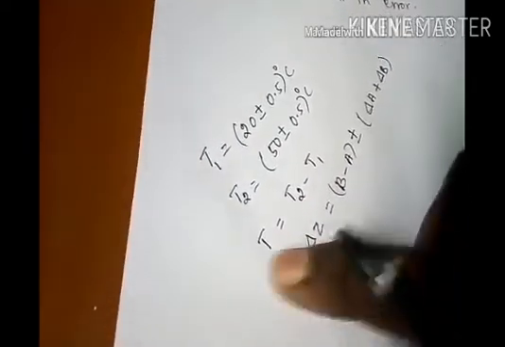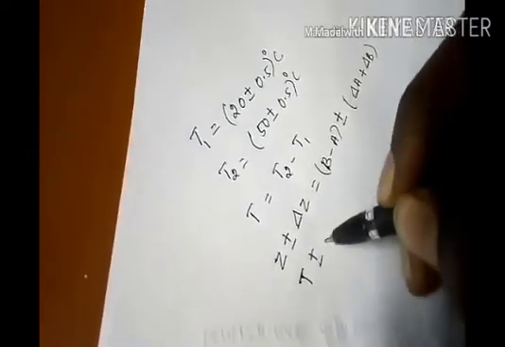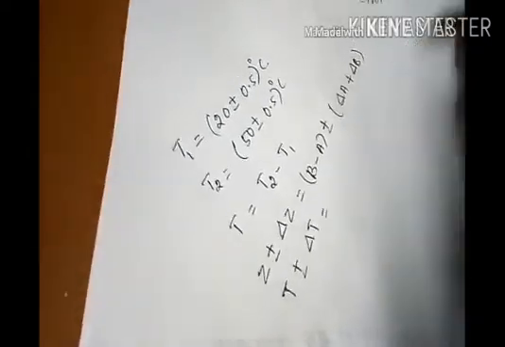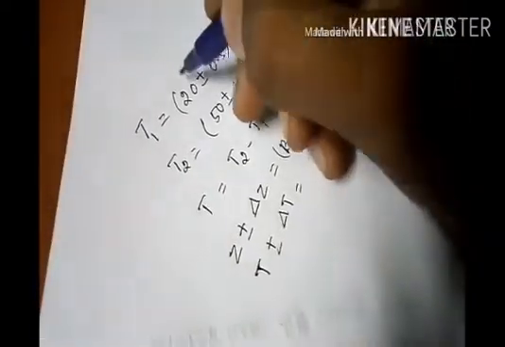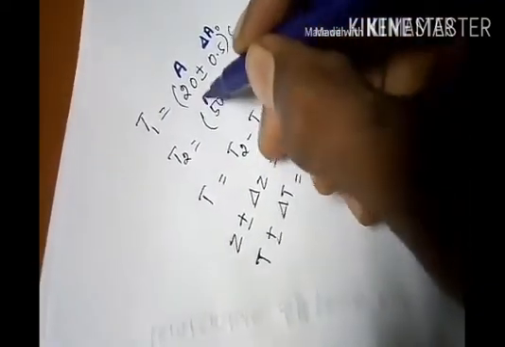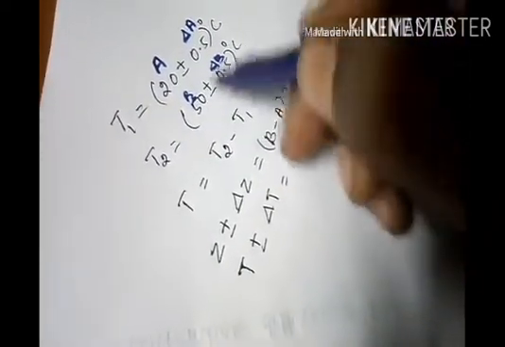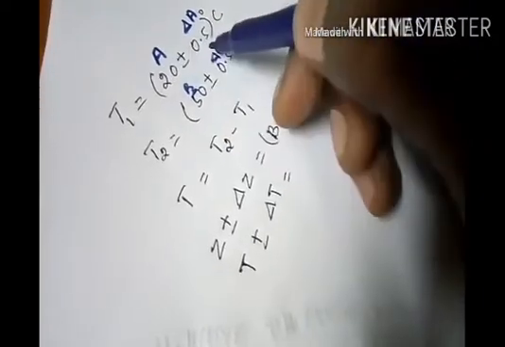T can be written like this: T plus or minus delta T equal to, where this is A, this is delta A, this is B, this is delta B. That means this is a measured value with some error, and this is a measured value with some error.